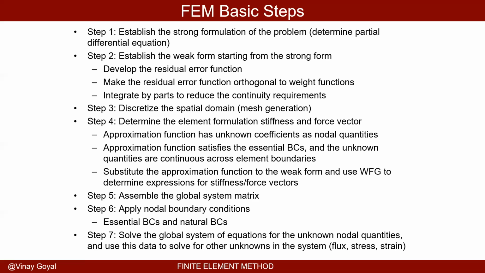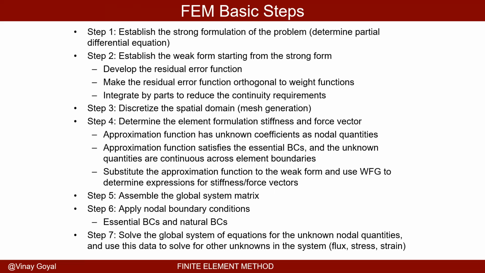Again, we want to use a weak form Galerkin to approximate the solution over that subdomain. And to do that, we're going to select an approximation that makes sense for the problem. And we're going to do it in such a way that it's in terms of nodal unknowns. Remember, when we first started this, we were making it so it's unknown coefficients that had no physical meaning.